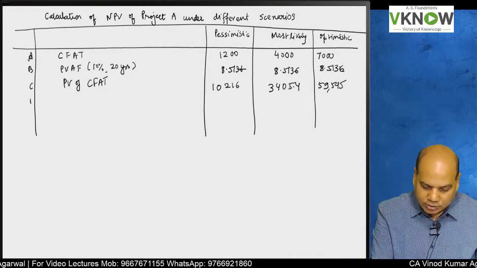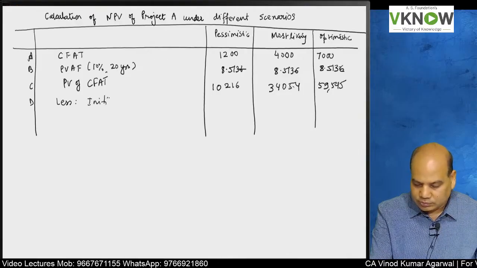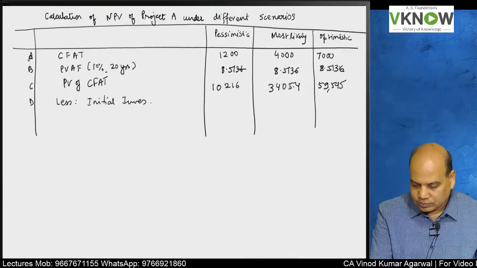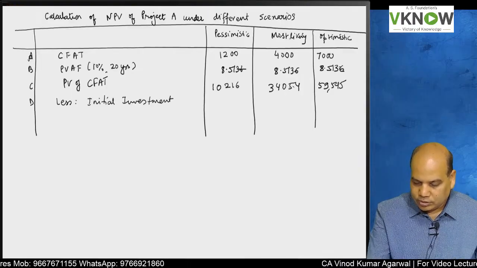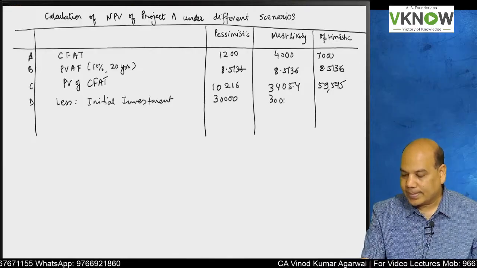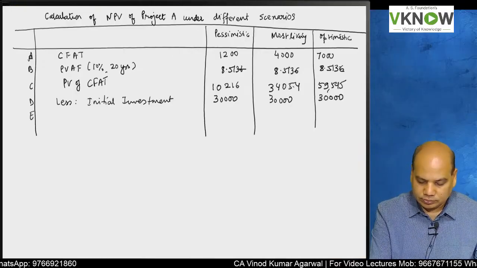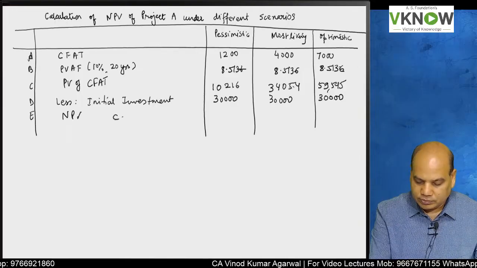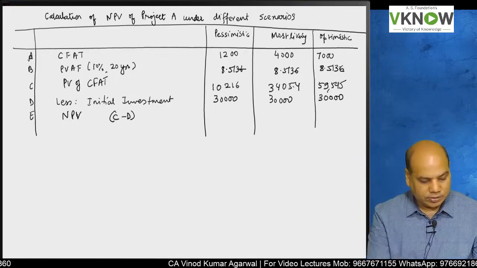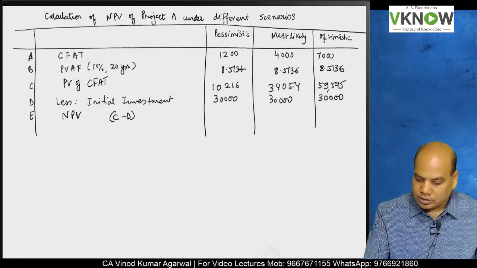And then point number D, write down less initial investment. Initial investment is 30,000. Point number E, NPV, C minus D. First answer 19784 negative.